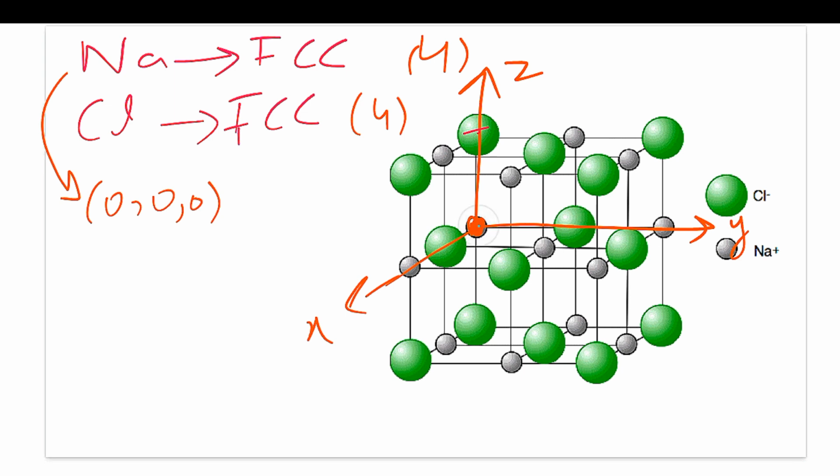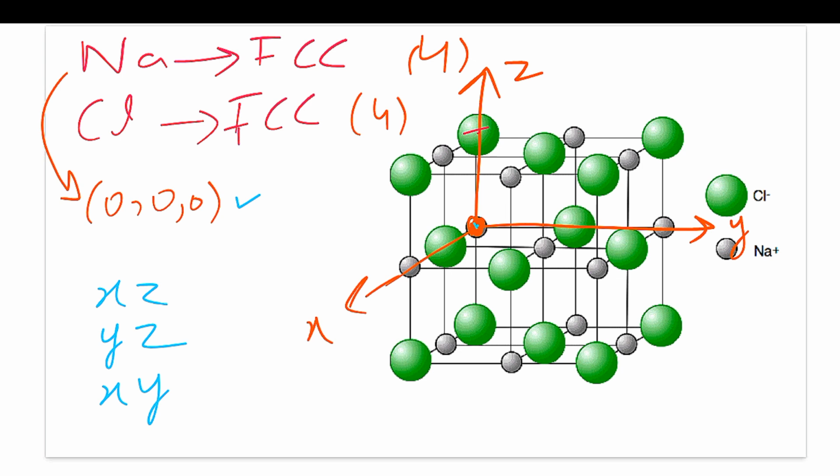So this is the first atom that we chose, and the atoms that you choose next should be the nearest neighbors on the xz plane, yz plane and xy plane. We have chosen the origin here, so we will choose the nearest neighbor on the xz plane, yz plane and xy plane.